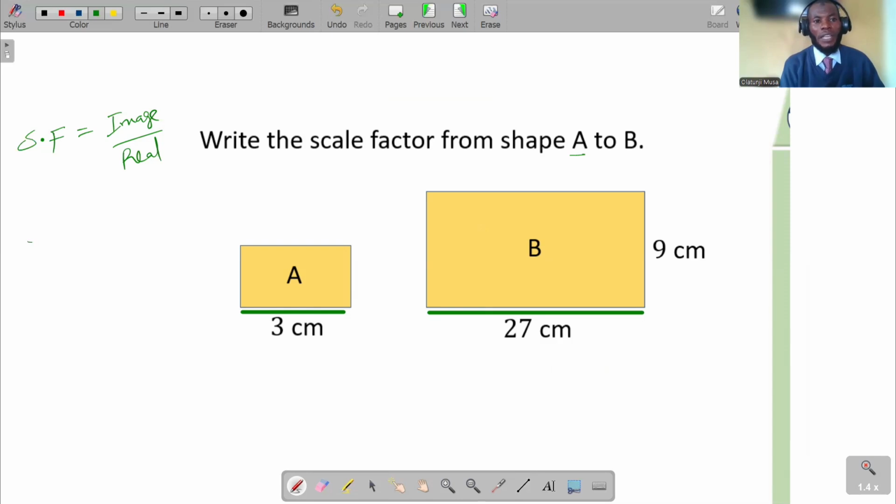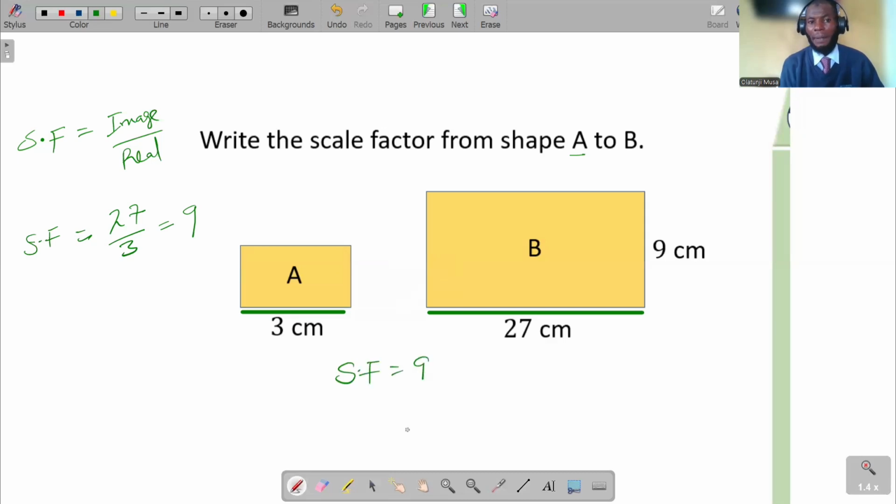So the scale factor we are looking for equals 27 divided by 3, which is nothing but 9. That means the scale factor of this is 9.